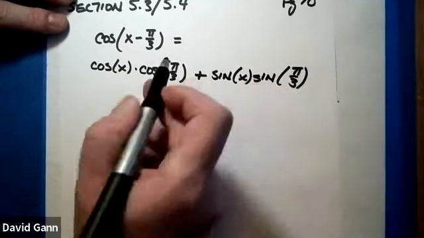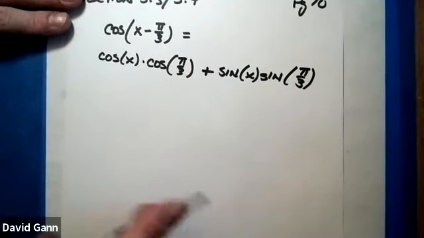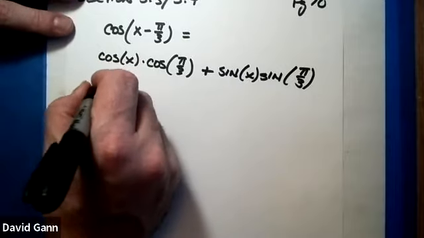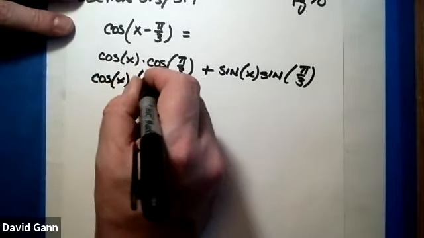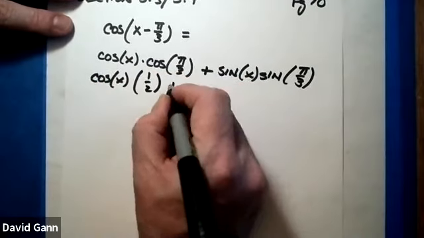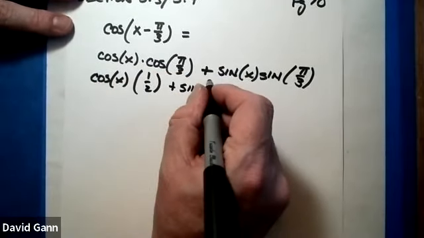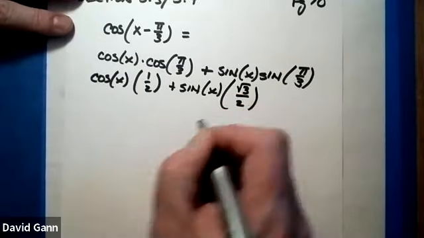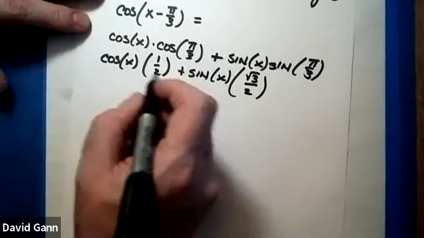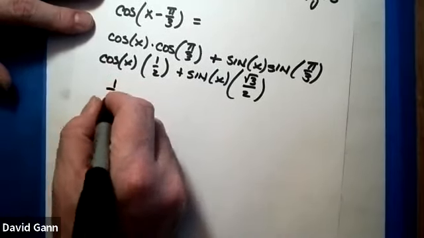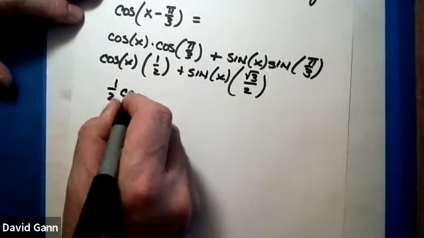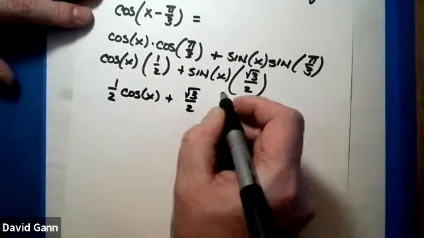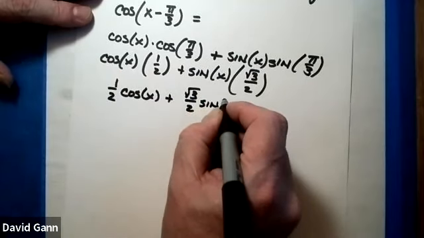Now these have exact values, so cosine of pi over 3 is actually 1/2, and sine of pi over 3 is square root of 3 over 2. It makes sense to put those out front. So we have 1/2 cosine of x plus square root of 3 over 2 times sine of x.